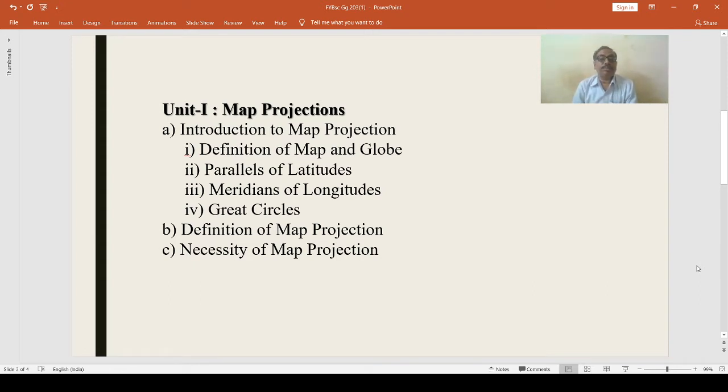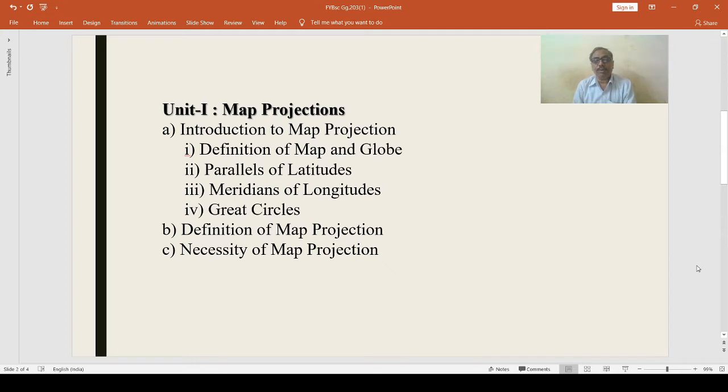Among them, the first unit is about the map projections, where we have to study 3 subtopics.